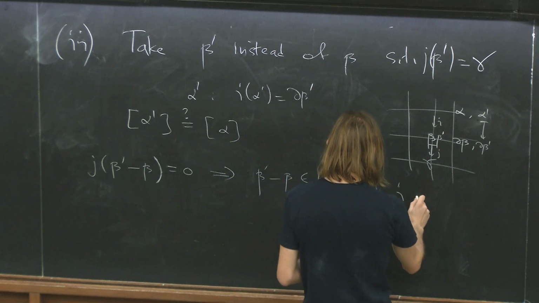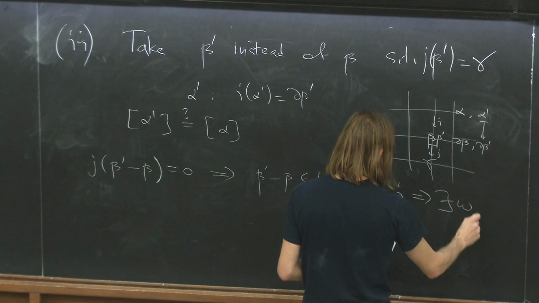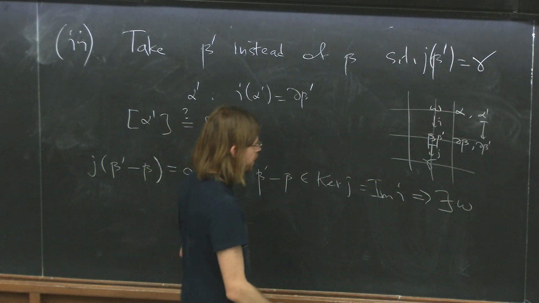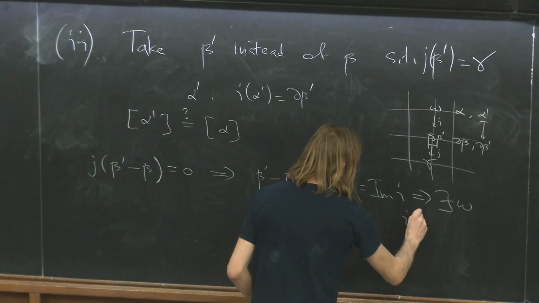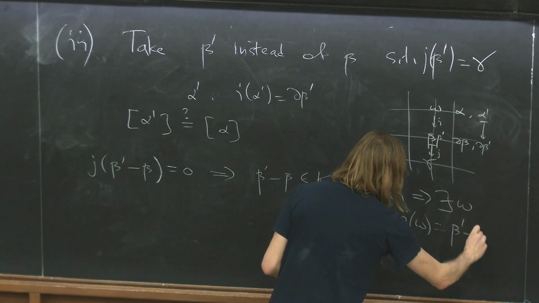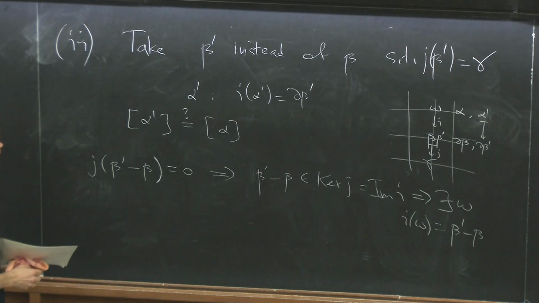And this means that there exists omega such that I of this omega gives me this difference, since the difference is killed by J.